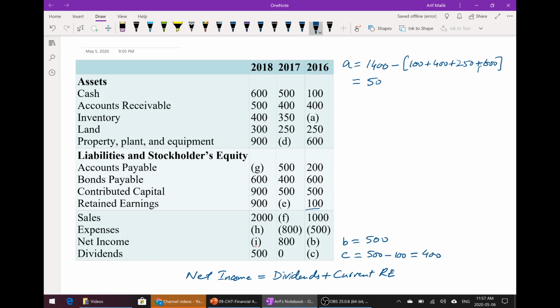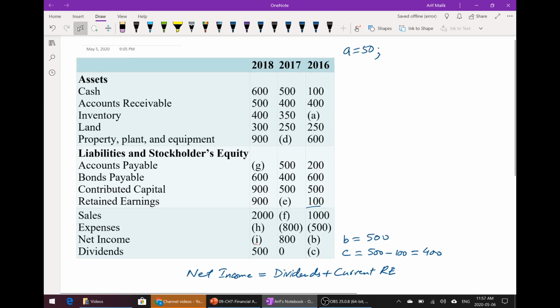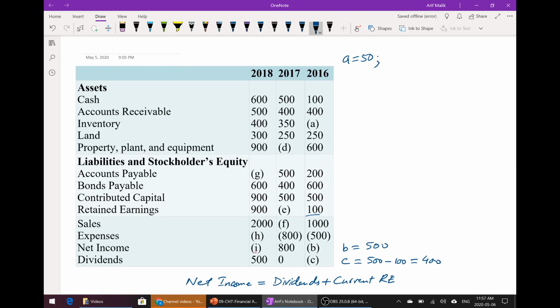Okay, so let me write it down, all these numbers here. Then A is equal to 50, B is equal to 500, and C is equal to 400. So I'll just remove all this now. Let's go to 2017 now.